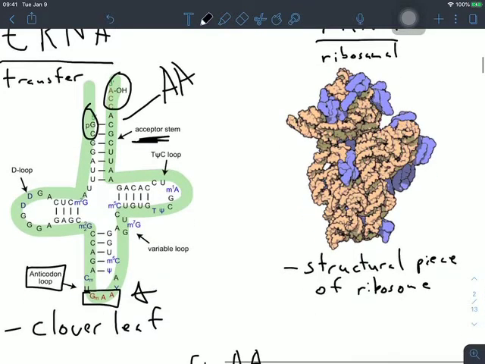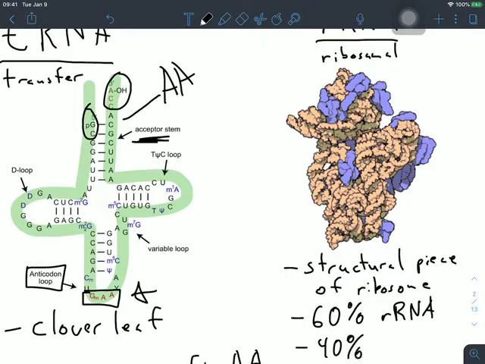In fact, about 60% by weight of a ribosome is RNA, and 40% of the ribosome is proteins. So in this picture here, you see the rRNA in the tan color and the proteins in the blue color. And this is a still of a three-dimensional spinning image that you can find on Wikipedia of the small subunit of a ribosome.